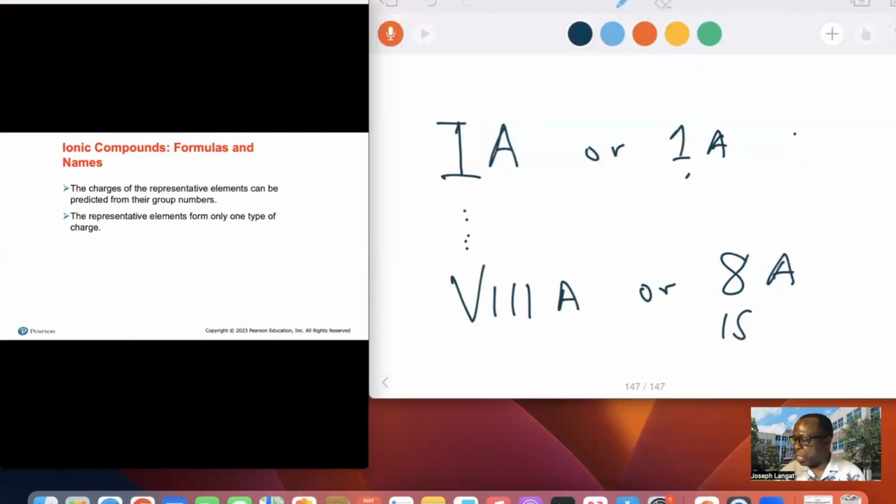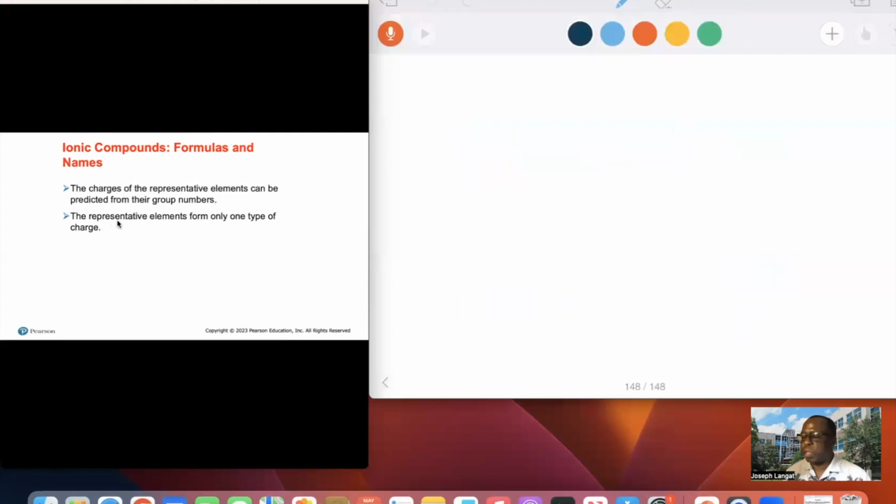This is 18. This is just 1. Please remember to learn the Roman numerals 1 through 8. This represents main group or representative. Recall from the previous section, main and representative mean the same thing.